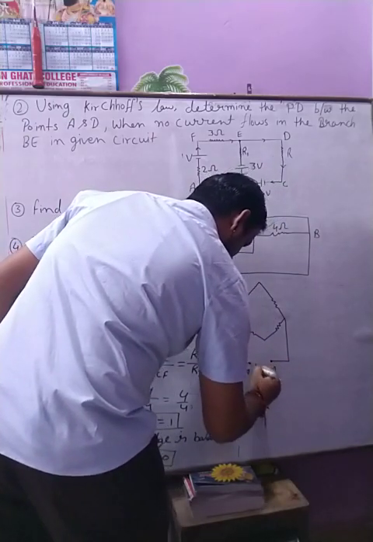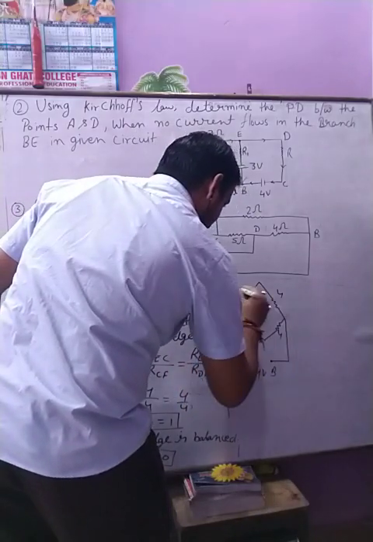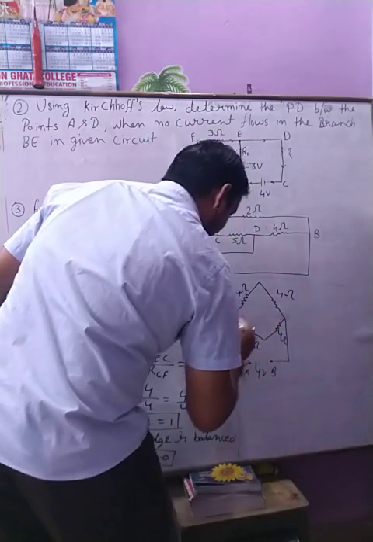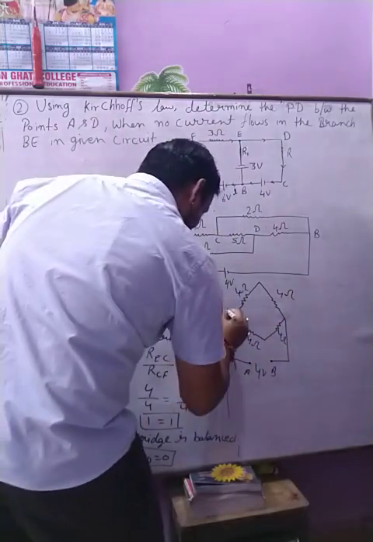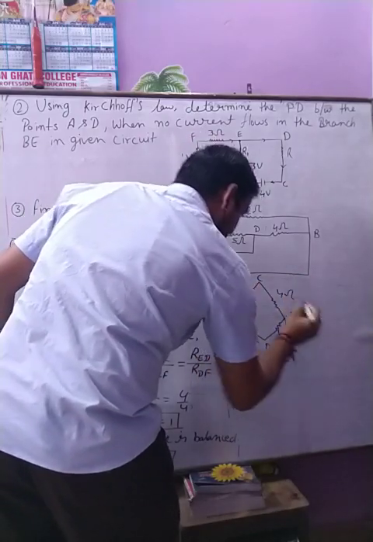A, B, 4 volt, this is 4, this is 4, this is 4, this is 4 ohm. ओके, ये वाला पॉइंट है हमारे पास E, this point is D, this point is C and this is F.